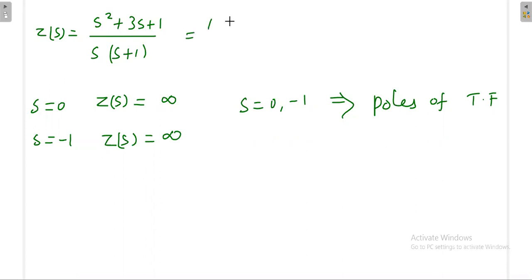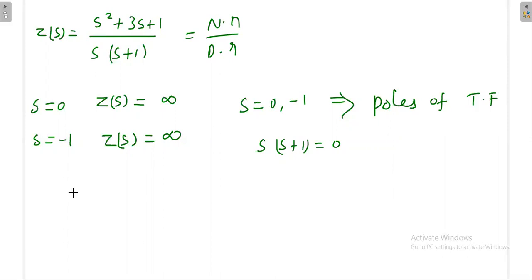This is numerator, this is denominator. We got this just by equating the denominator to 0. So zeros of the denominator are the poles of the transfer function. Similarly, zeros of the numerator are the zeros of the transfer function.